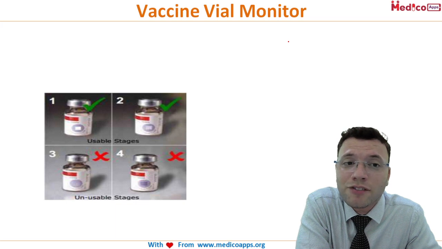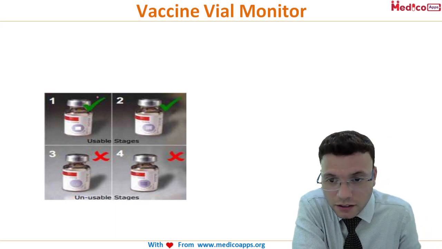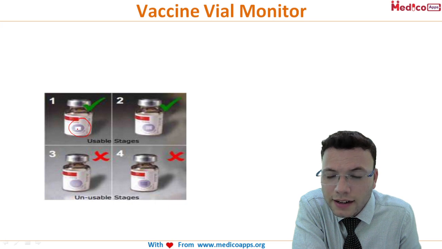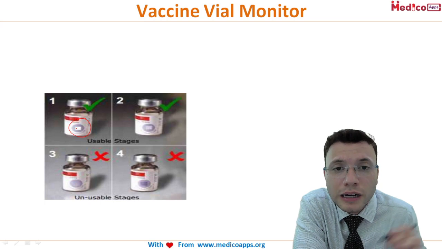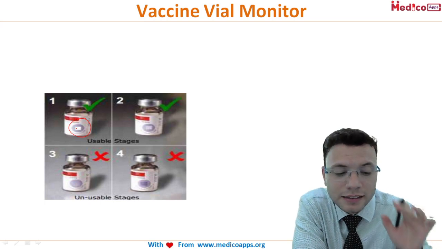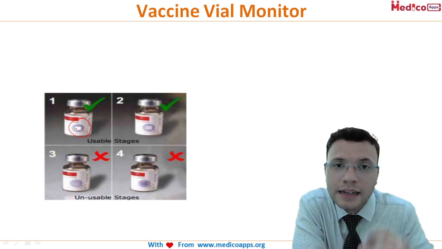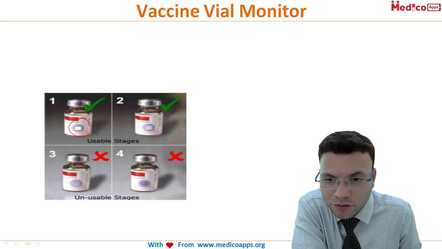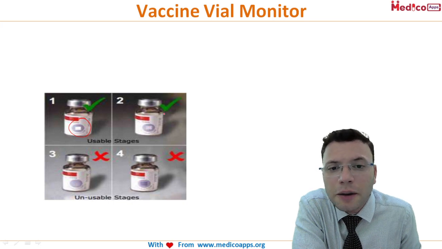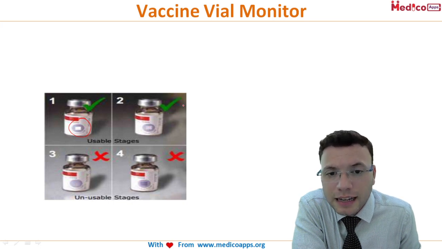Let's learn about the vaccine vial monitor. You can see here a circle with a square, a white square, that is a vaccine vial monitor, to check the potency, whether the vaccine is stored adequately at the set temperature or not. So the first 2 stages, when you can see the white square or the gray square, can be accepted, can be given.